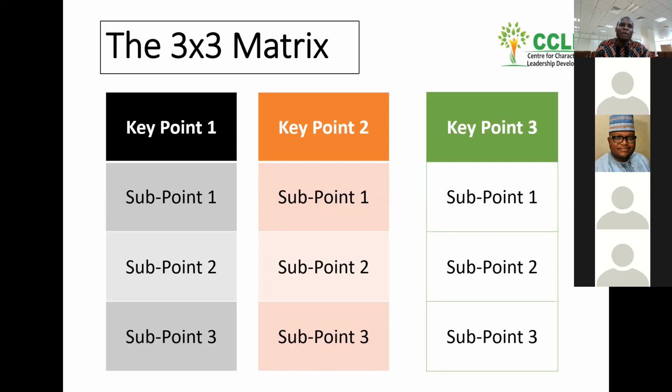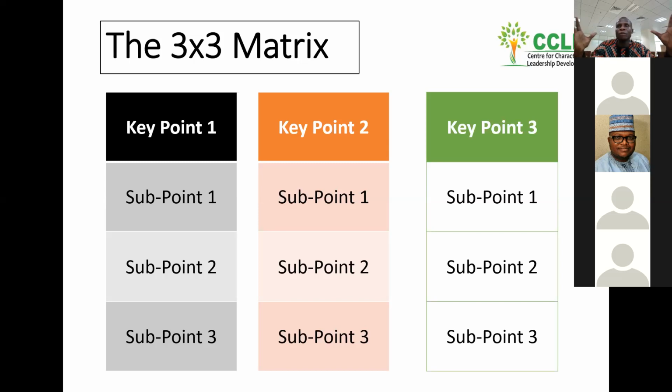So the 3x3 method simply means you have 3 key points, and then you have 3 sub-key points for each key point. That's a 3x3 matrix. So for instance, you are speaking on 3 ways to succeed in your business.